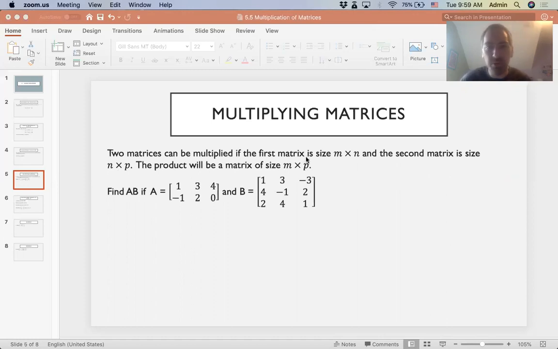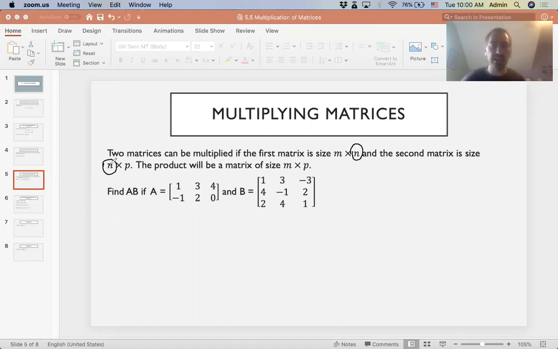The focus here is that the number of columns of the first matrix should correspond to the same number of rows in the second matrix, in order to multiply these together. If those do not agree, then you cannot multiply those two matrices together.